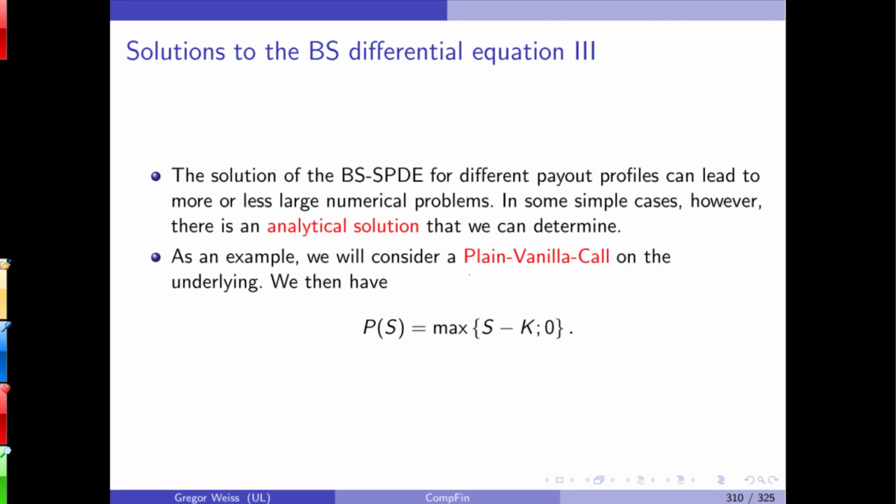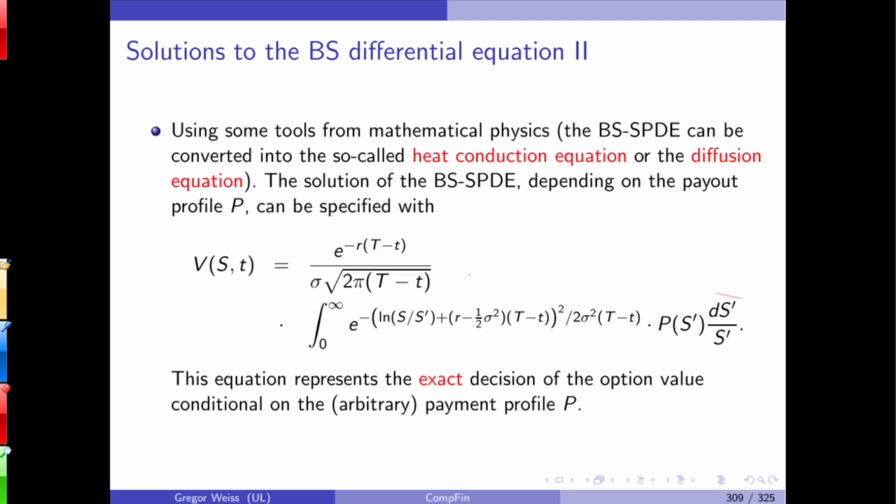You know what the option is worth at maturity, when it expires. That's the payout profile of the option. And only in this very last step do you need the information of what type of derivative this is. Up to this point, the solution to the partial differential equation includes P, and that's just a generic option or derivative profile. That's the payout profile.